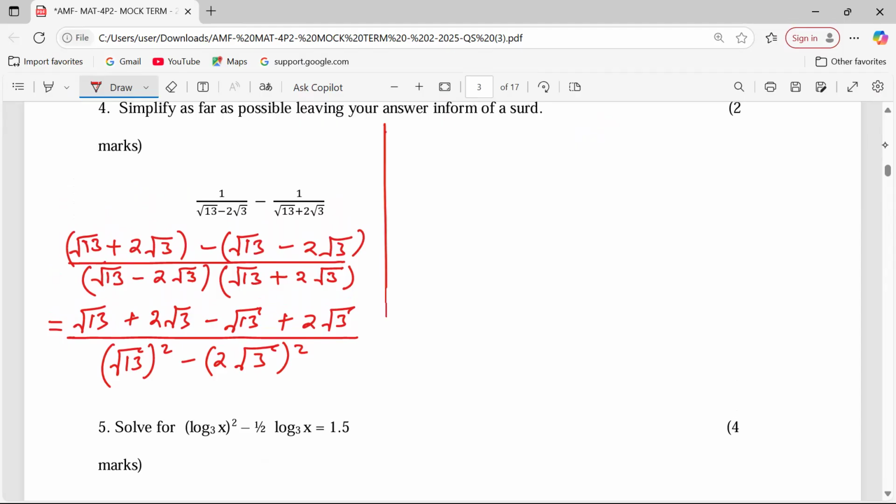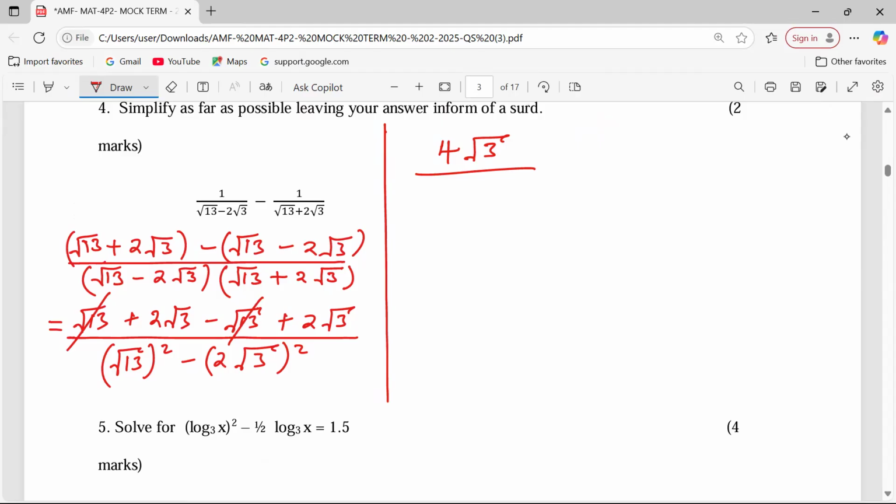We group terms on the numerator. Root 13 minus root 13, this one and this one shall simplify. Then we shall be remaining with 2 root 3 plus 2 root 3, and that becomes 4 the root of 3, out of, we go back now to the denominator.